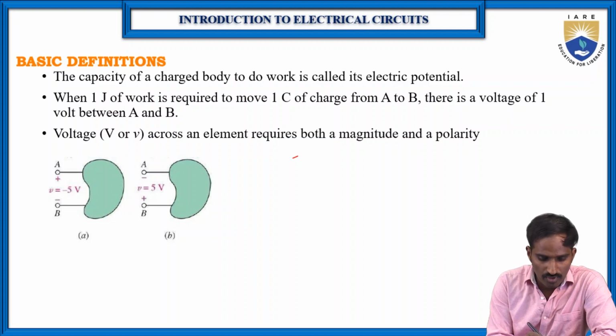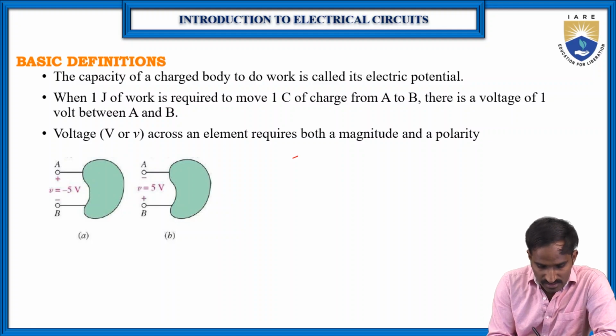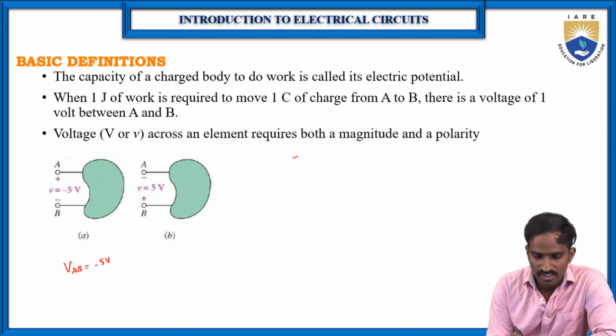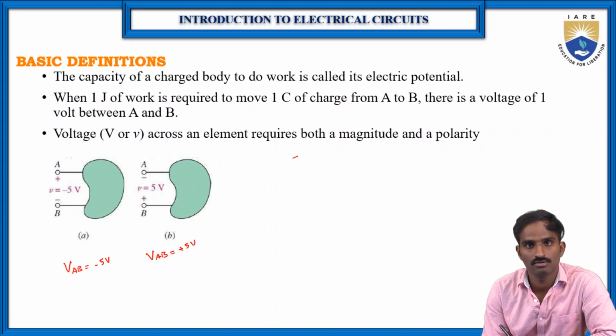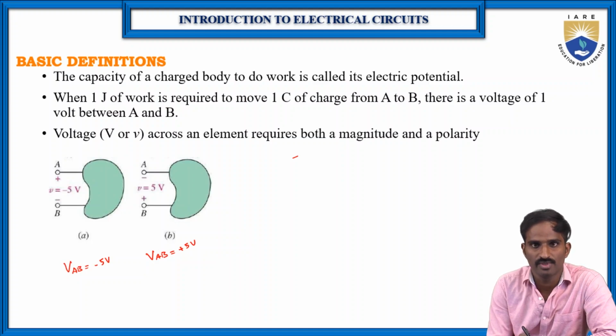So here the point A is positive with respect to point B. Let us consider VAB equal to minus 5 volts. But here VAB is equal to plus 5 volts. As you can see, the polarities A and B: here the point A is positive with respect to B, but here the point A is negative with respect to B.